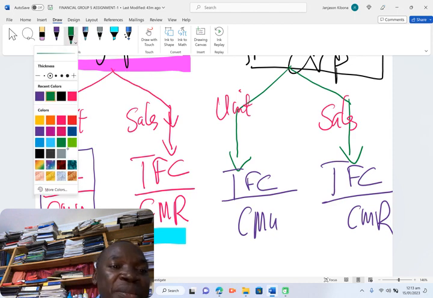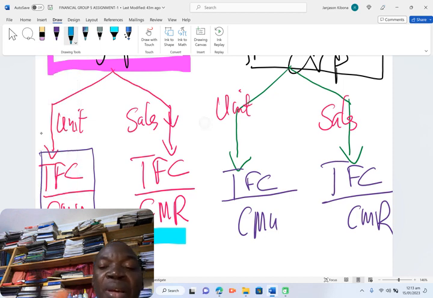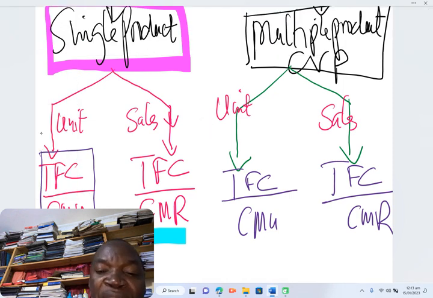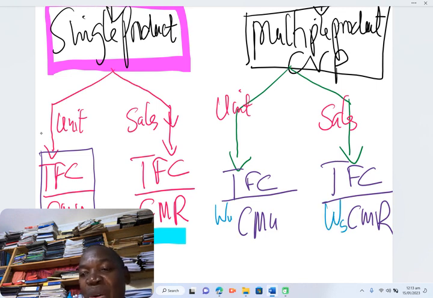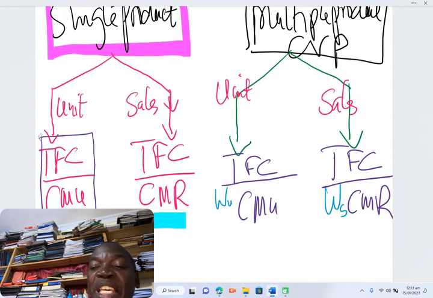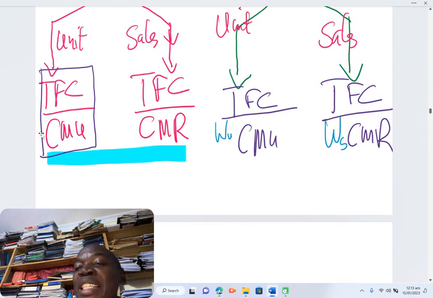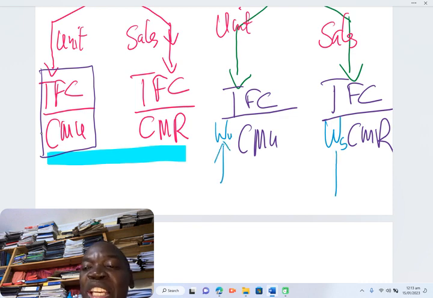So the weight fraction, for example, you have to multiply by the weight fraction. Again here, weight by sales. What is WS? It is the percentage composition in sales. And W is the percentage composition in units, or fraction in units.